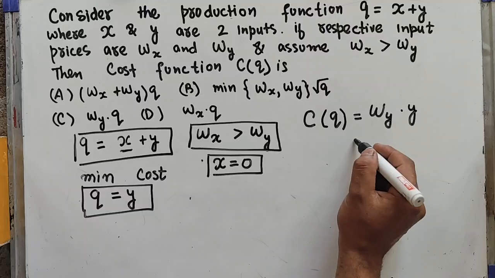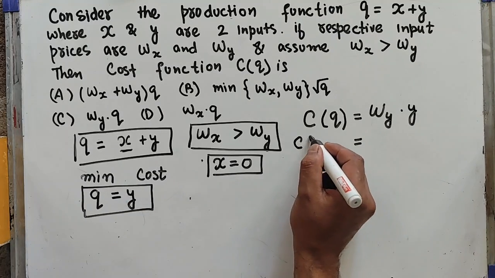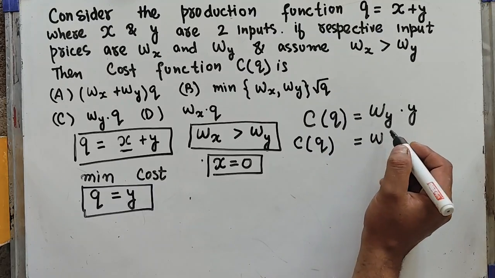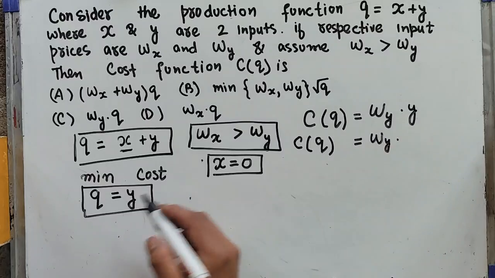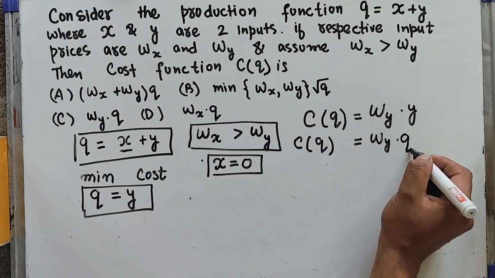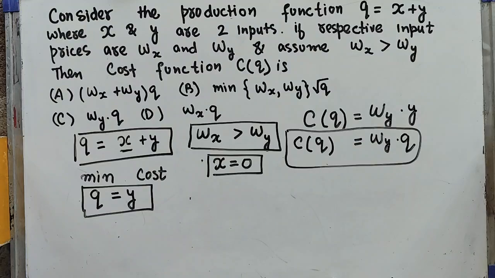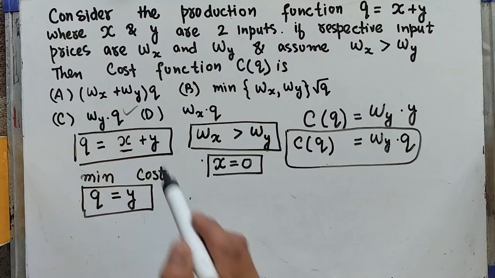And since we know that Y is equal to Q, since we have to write the cost as a function of output, we have Wy, the input price of Y, times Y, which is equal to Q, so Wy times Q. So this will be our cost function in this case. So the correct option should be Wy times Q. This option should be correct.